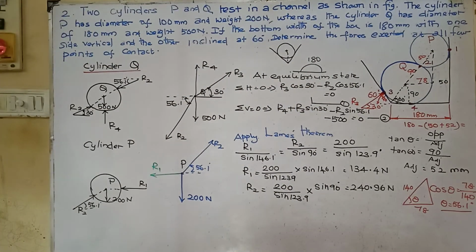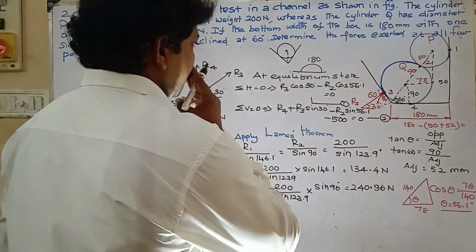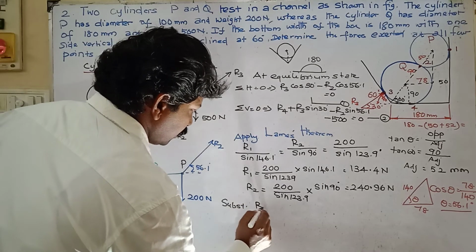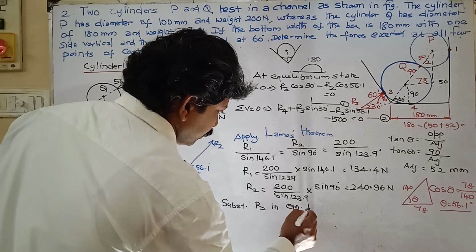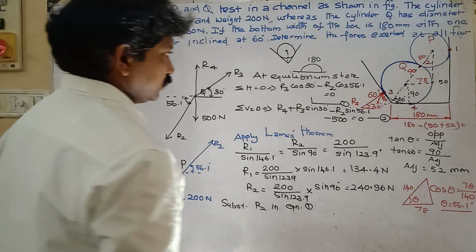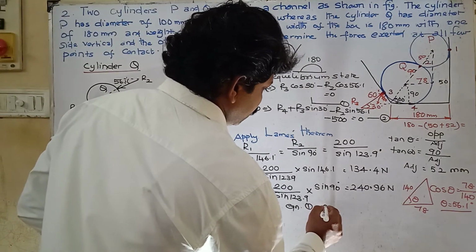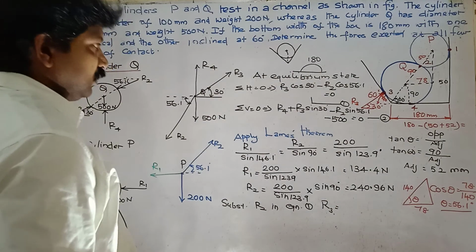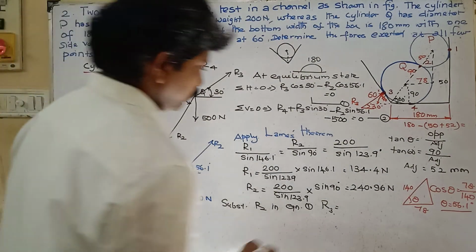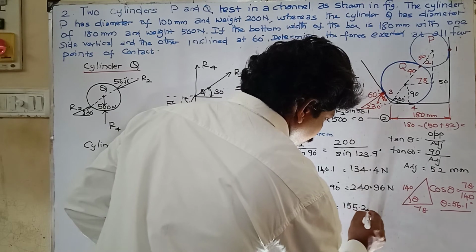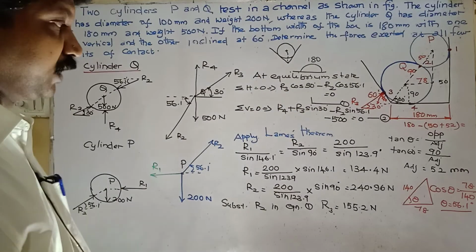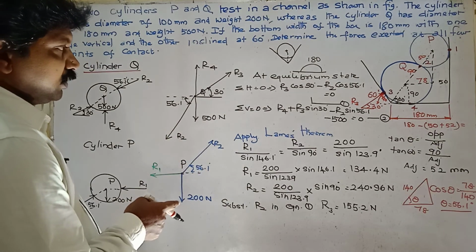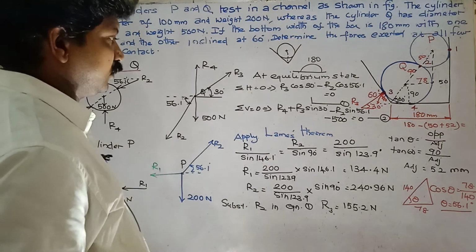Now substitute R1 and R2 in equations 1 and 2. Substitute the R2 value in equation 1. R3 equals 155.2 Newton. And substitute R2 and R3 in equation 2.